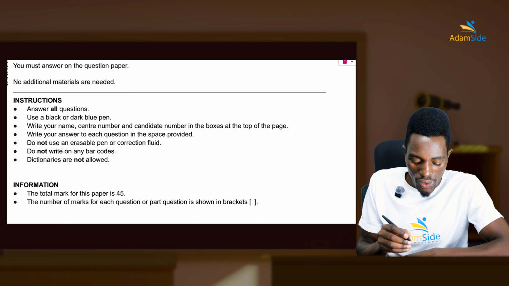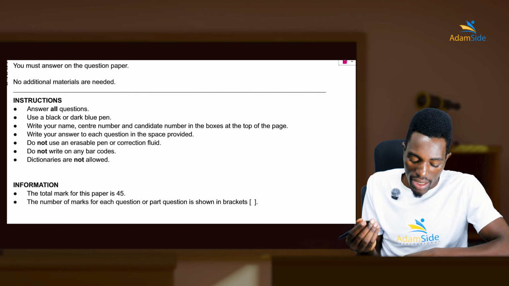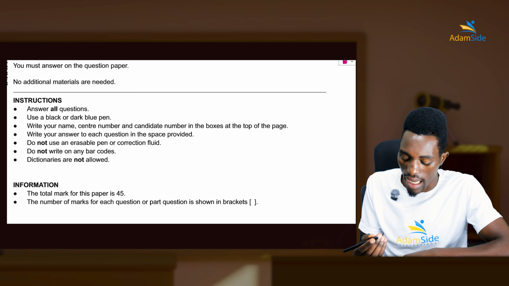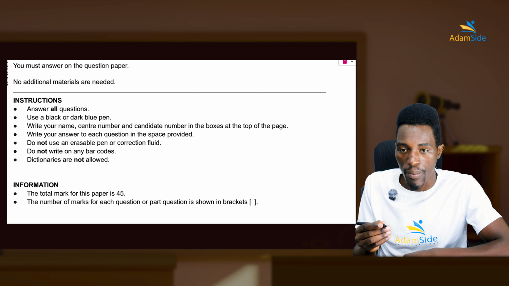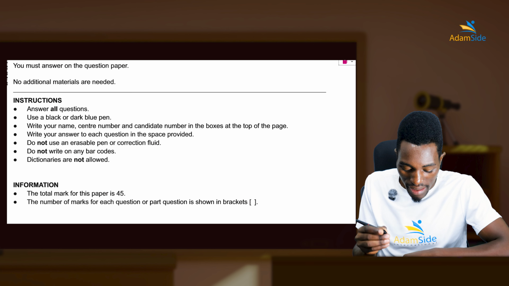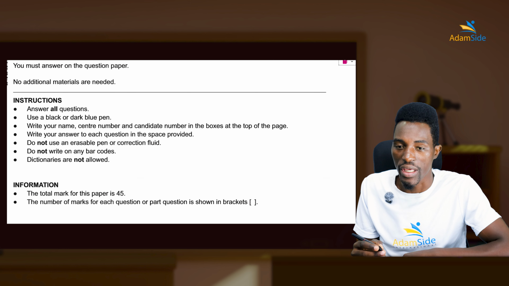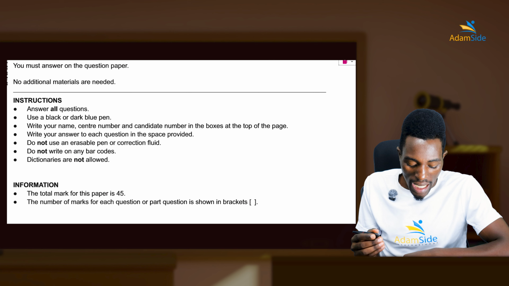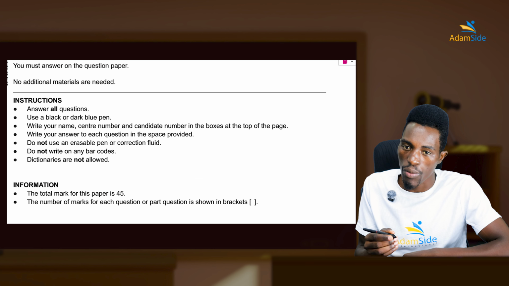The second thing: use a black or dark blue pen. That's the normal instructions. Write your name, center number, and candidate number in the boxes at the top of the page. Write your answer to each question in the space provided.